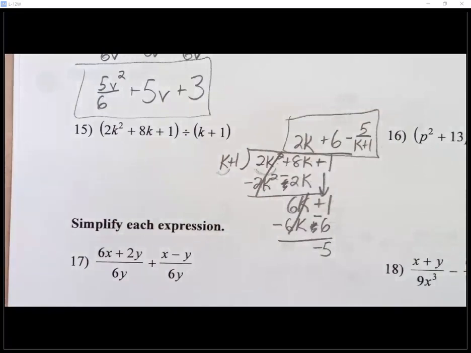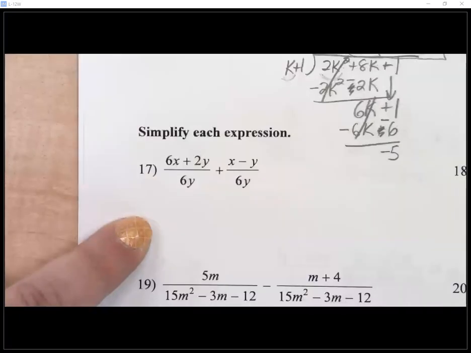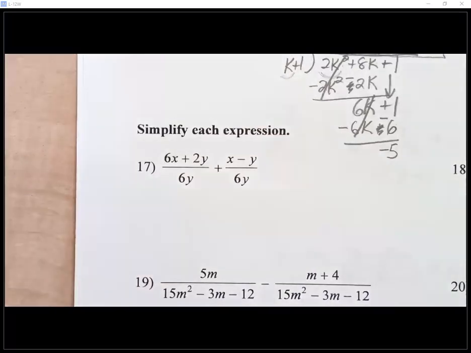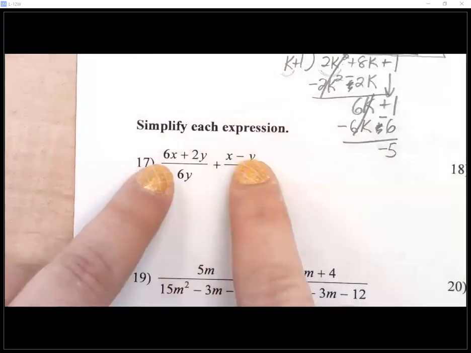All right, next up, we are adding and subtracting. So 17, we'll start off easy. What do I do with this? I just add the numerators. They already have common denominators. That's the key thing that I need here, but I already have it. If my denominators match, I'm literally just adding the numerators together. So combine like terms.